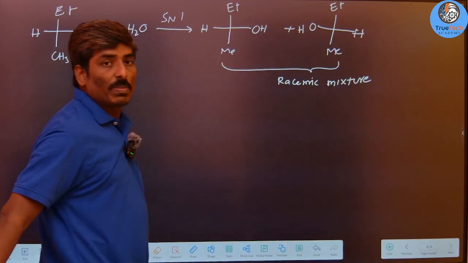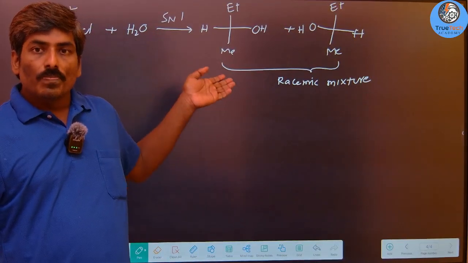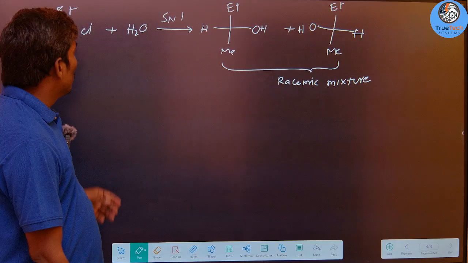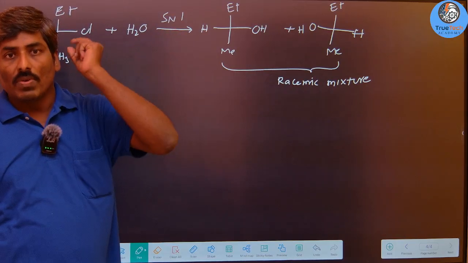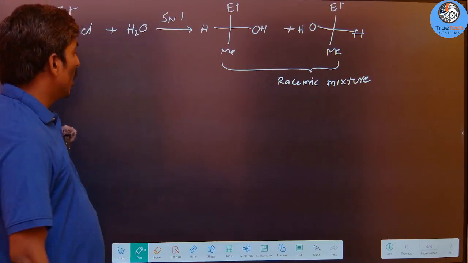This is the racemic mixture we are going to get under SN1 condition. Okay, if you take some other examples.